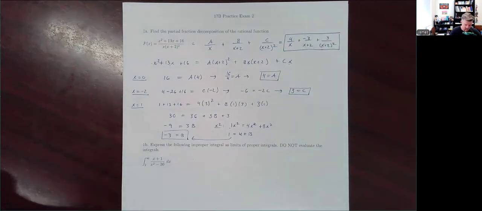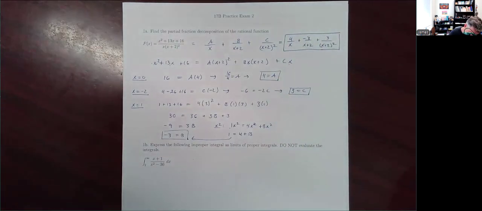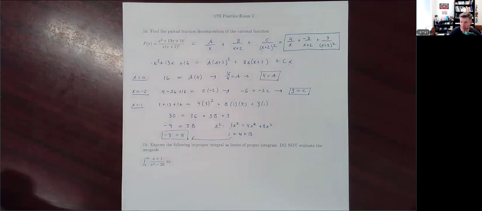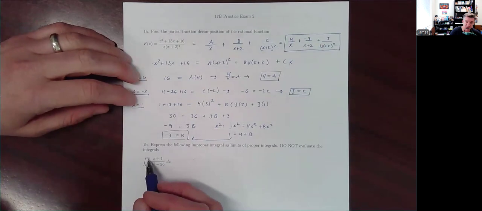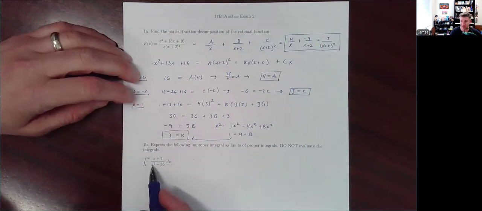All right, next one. Express the following improper integral as limits of proper integrals. Do not evaluate the integrals. So we have to break this up. Well, we do have to break this up because in addition to an infinity being a problem, so is 6. If you plug in 6, you get division by 0.